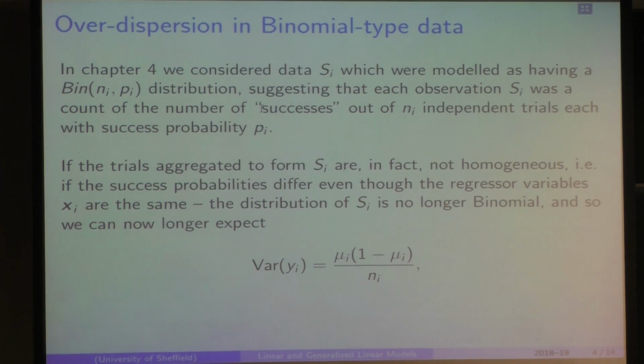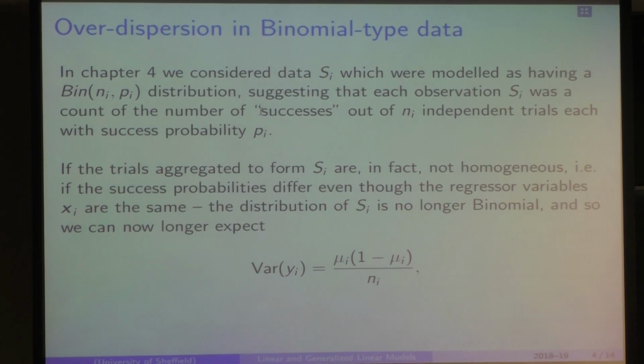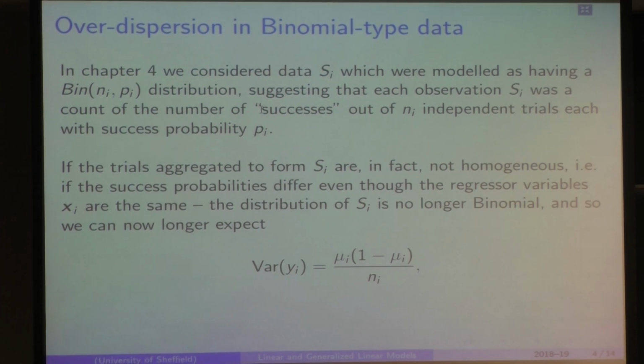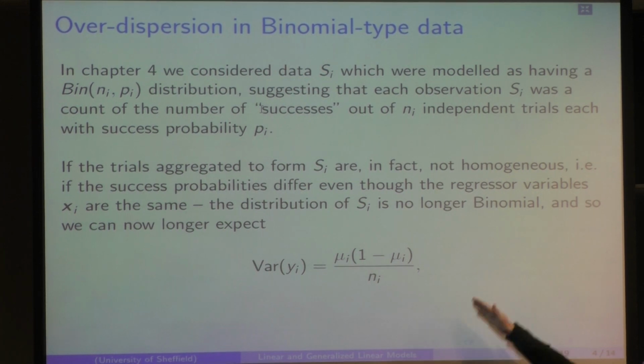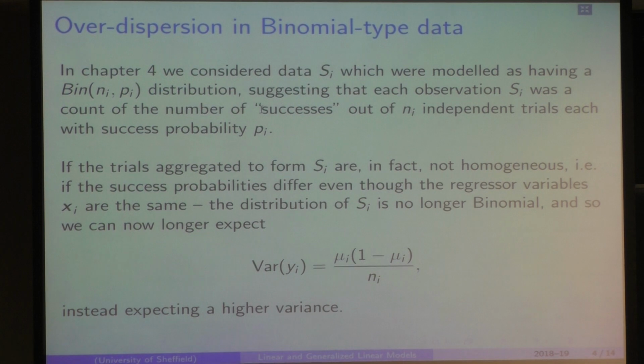So, in that situation, the values wouldn't all be the same. So in that case, you don't get a binomial distribution anymore. Okay, so that means that our original variance formula for the binomial isn't going to be valid. Okay, and what you tend to expect then is you get a higher variance.